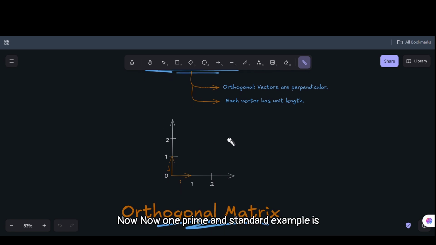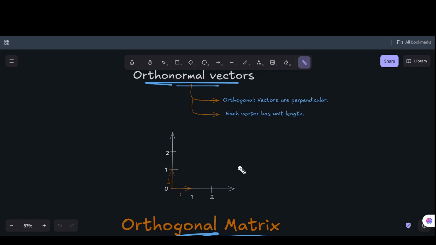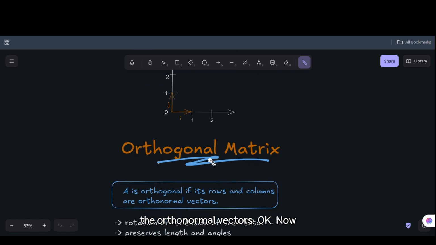One prime and standard example is our identity matrix, whose basis vectors are perpendicular to each other and are of unit length. We have i cap and we have j cap. They both are perpendicular to each other and they are of unit length 1. So the vectors in the identity matrix are the orthonormal vectors.